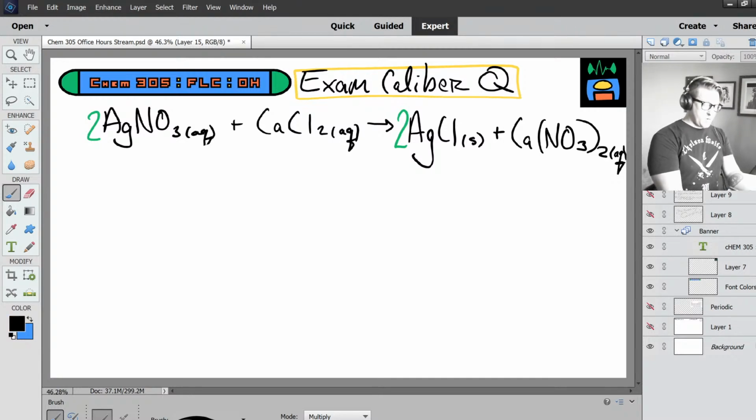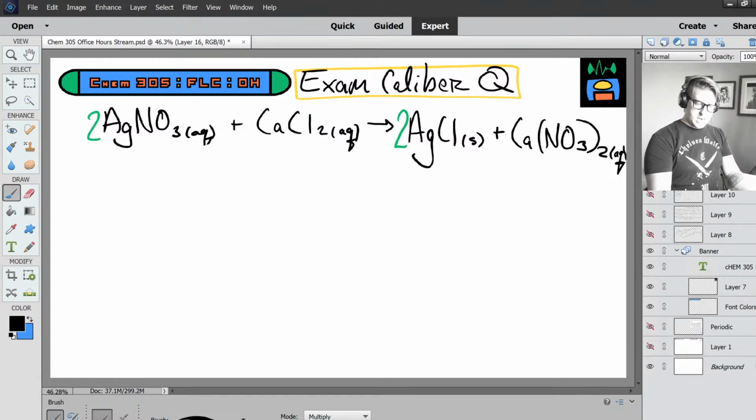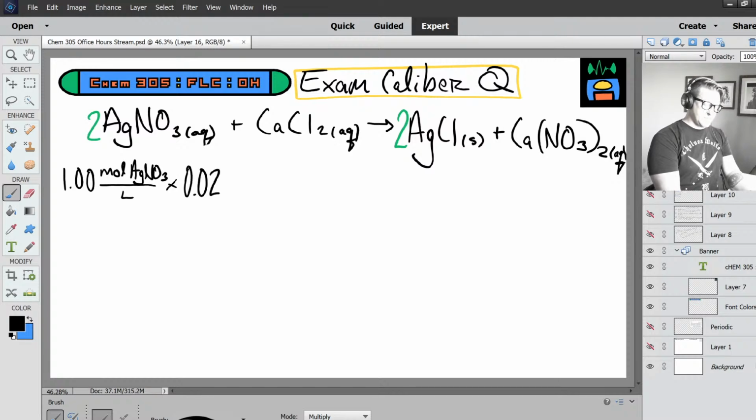So I'll start with silver nitrate, 1.00. Now molarity is moles AgNO3 over liters. We multiply this by our volume in liters, 0.0250 liters, and you'll notice liters cancel with liters.